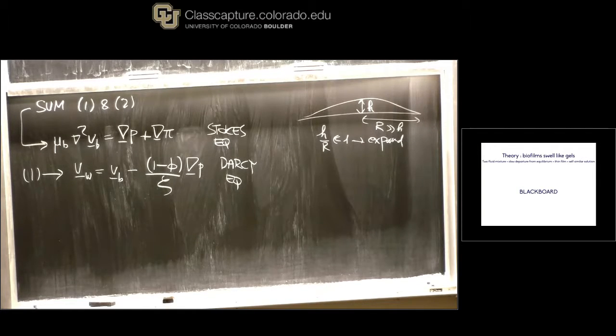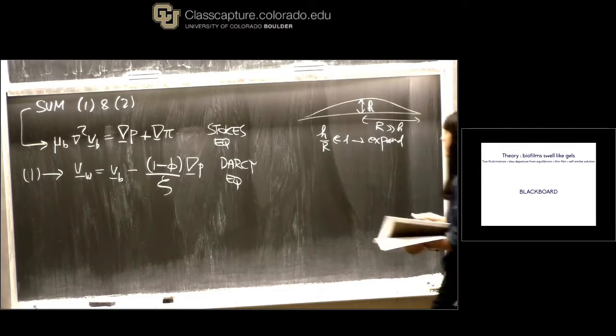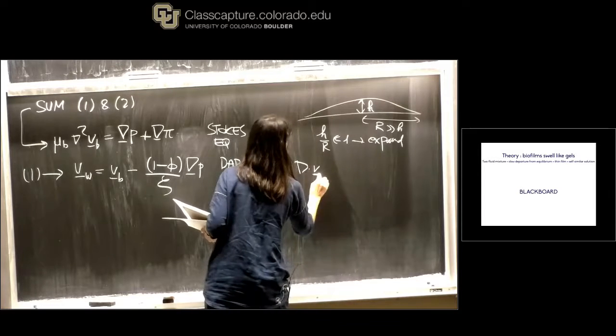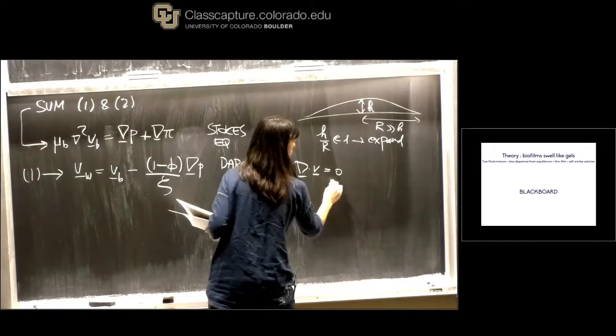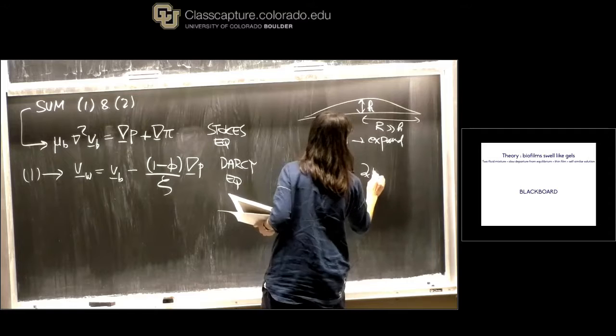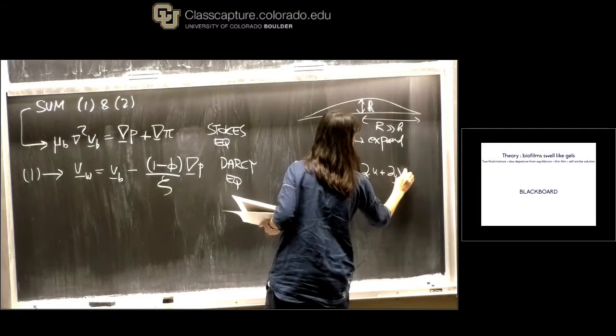Normally in a thin film model, you assume that because the film is large and thin, the velocity in this direction is much larger than in the vertical direction. If the divergence of V is equal to 0, you write it as dxu plus dyv.